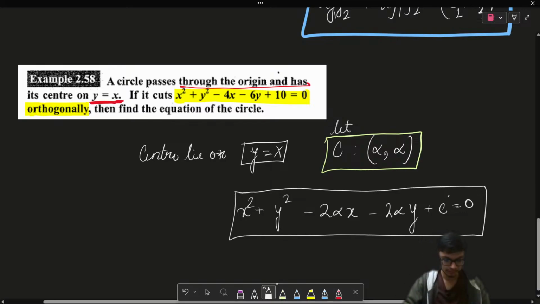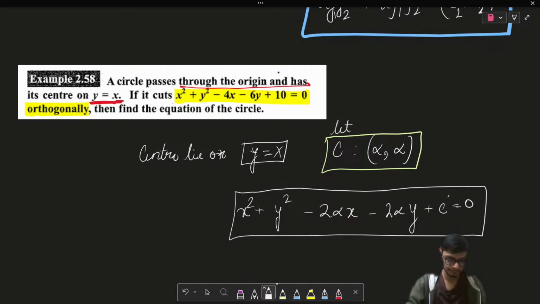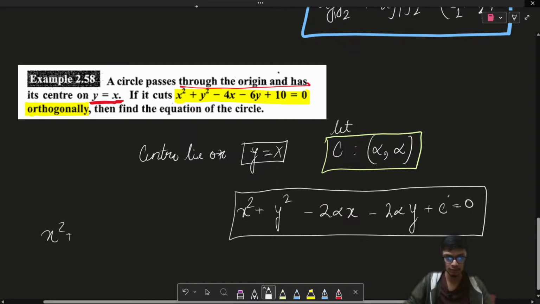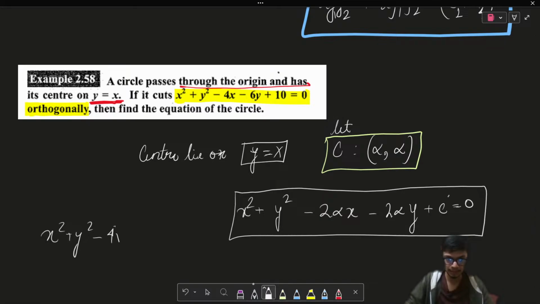Now from here we can find the orthogonality condition using this particular circle, whose equation is given as x square plus y square minus 4x minus 6y plus 10 equals 0.